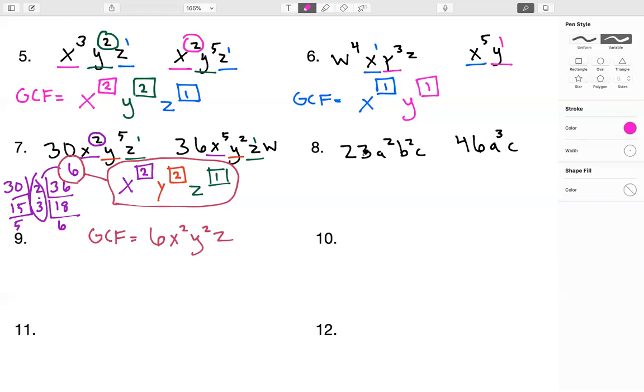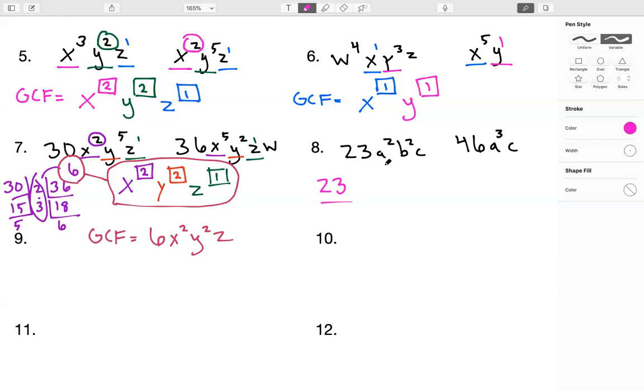You may know right away that the GCF of the numbers is 23, because 46 can be divided by 23, and you can obviously divide 23 by itself. So I'm going to keep 23 over here. That's the GCF of the numbers.